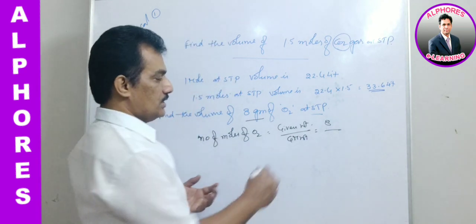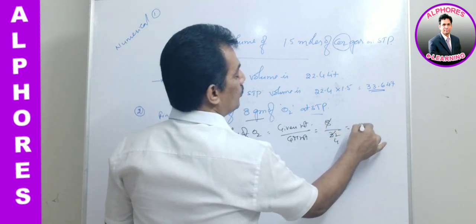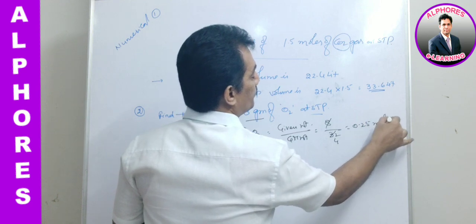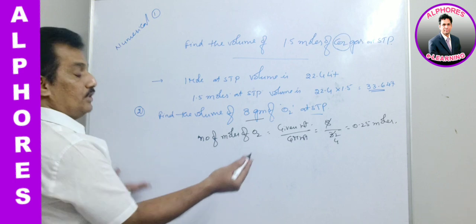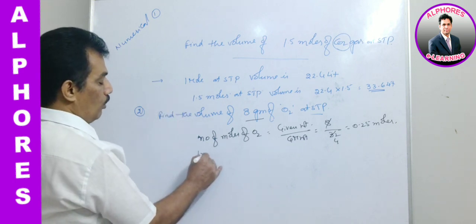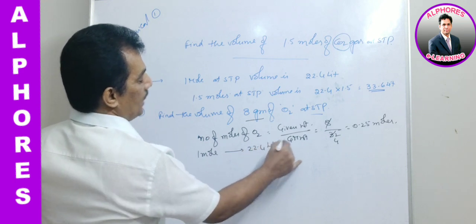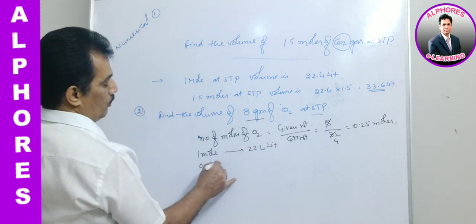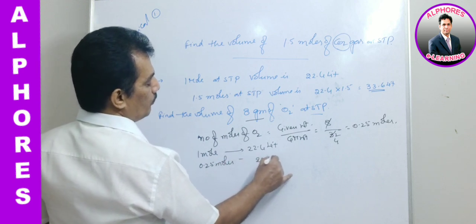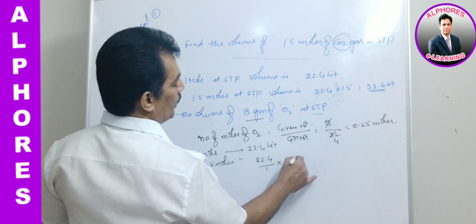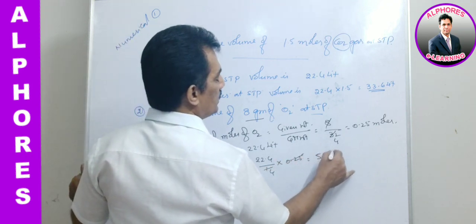Already we discussed this. It is 32. So 1 by 4, that is nothing but 0.25 moles. Clear? And now, what is the volume of this? As we know, 1 mole volume is 22.4 liters. Then 0.25 moles volume is 22.4 into 0.25, that is 5.6 liters.